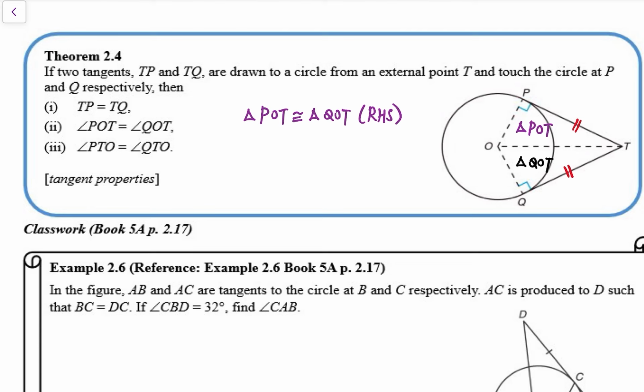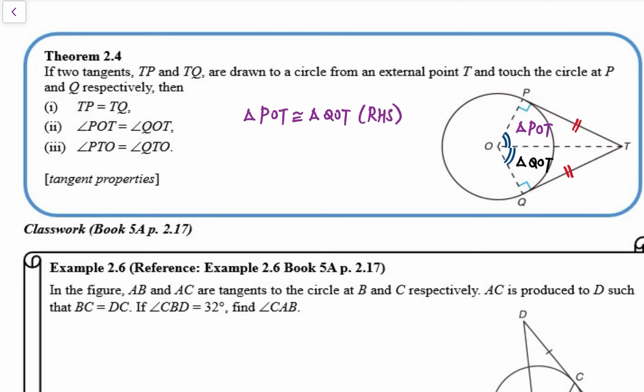Second, again using corresponding, this time angles, the two corresponding angles of the two congruent triangles. Angle POT, which is the angle at the center, is equal to angle QOT. So these two angles at the center are equal.